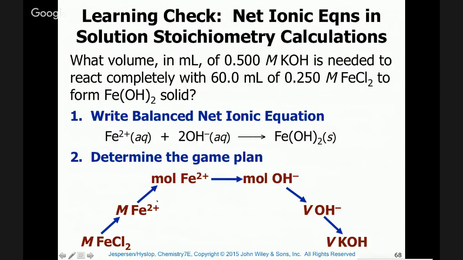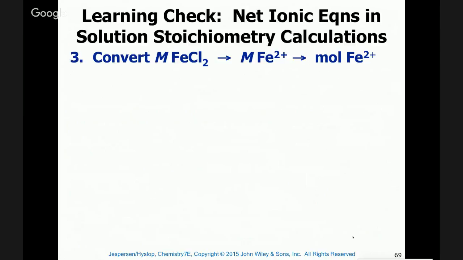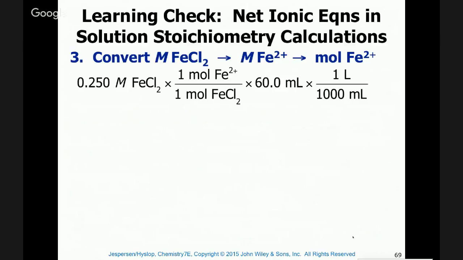So in this case, we have this expression, and we have to be able to get to moles of KOH, or the volume of KOH. So we have to convert.